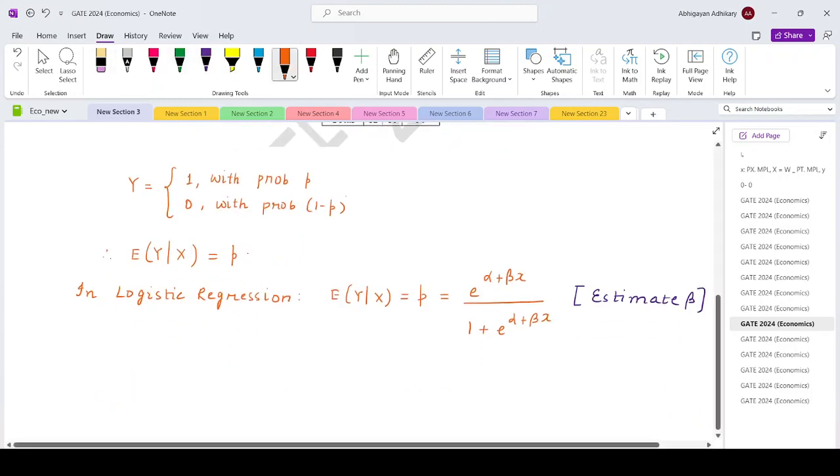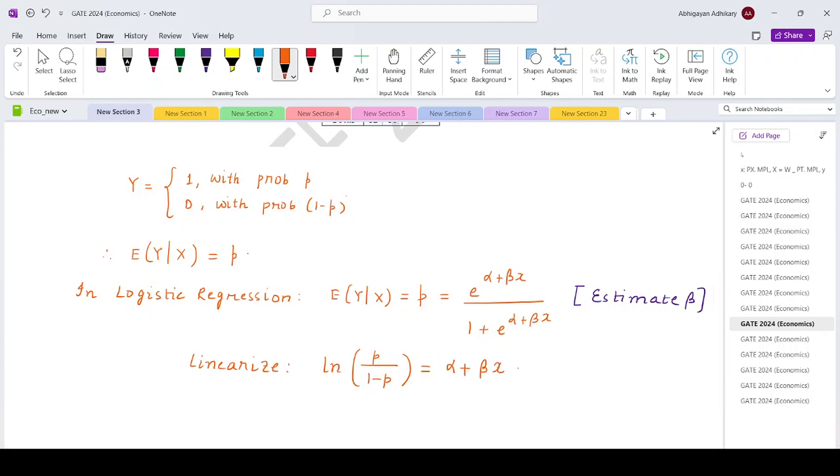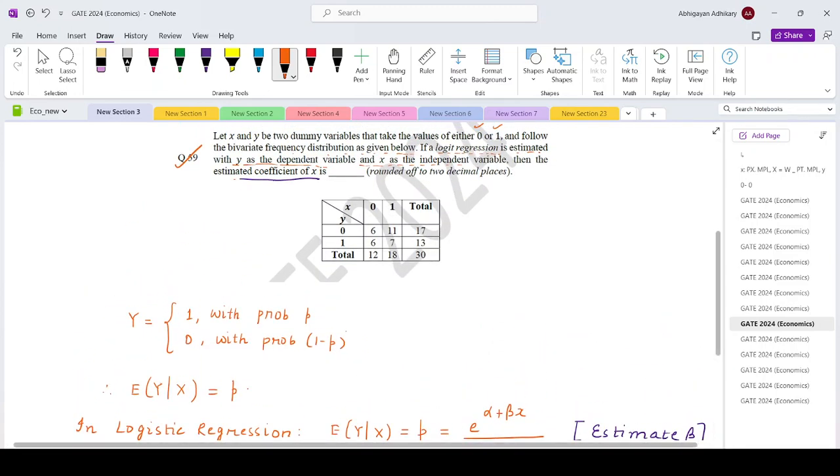And note that having written down the logistic expression, we can always linearize this expression and write it as log of p by 1 minus p as alpha plus beta x. So based on this data, we will be trying to estimate beta.